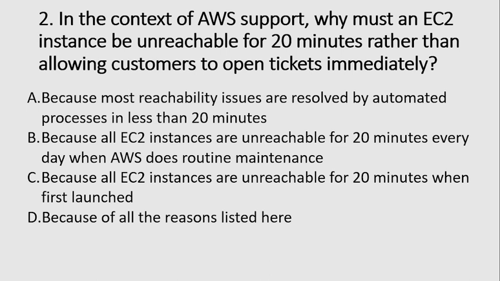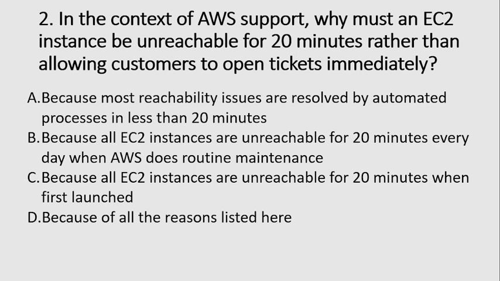First one, because most reachability issues are resolved by automated processes in less than 20 minutes. Second, because all EC2 instances are unreachable for 20 minutes every day when AWS does routine maintenance. Third, because all EC2 instances are unreachable for 20 minutes when first launched. Fourth, because of all the reasons listed here.